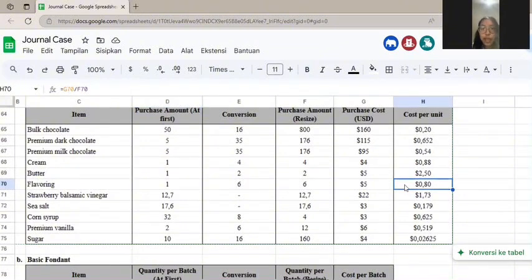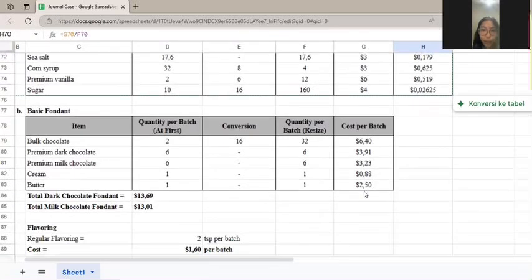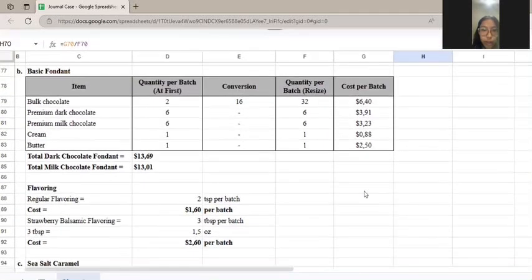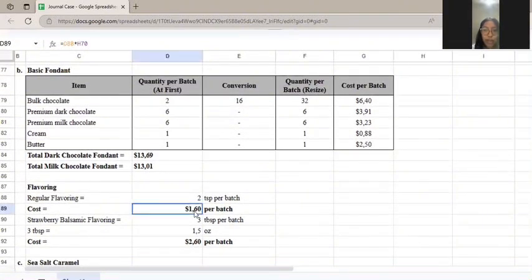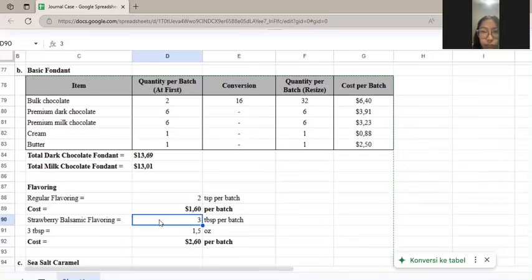We should multiply it with that. And then back again to the table. So we can find the cost is $1.60 per batch. And the strawberry balsamic flavoring is 3 tablespoons per batch, and the cost is the same.